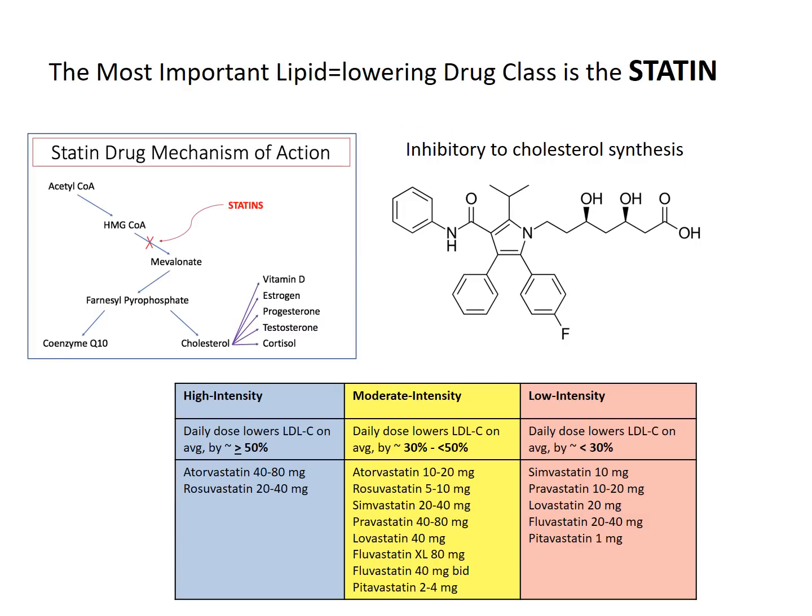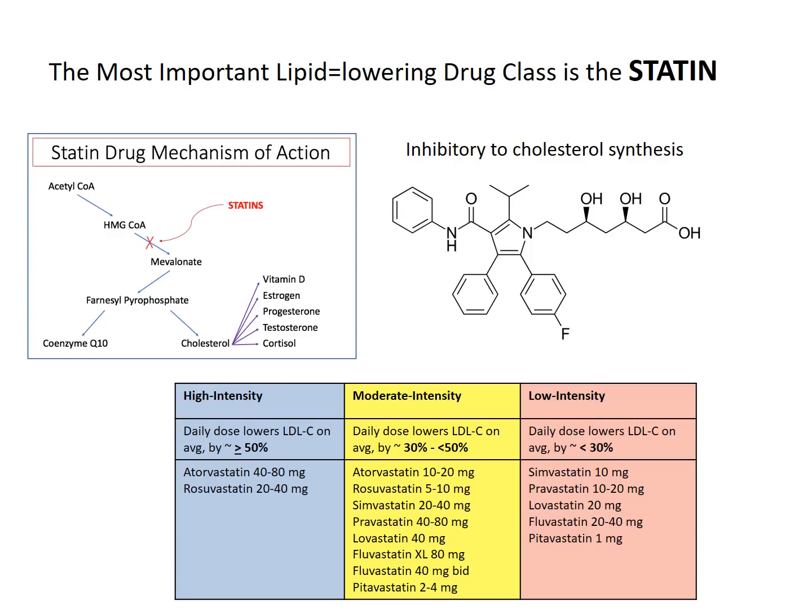The most important lipid-lowering drug is a drug class called the statin. There is a chemical structure of what that statin looks like, and what the statin does is it blocks cholesterol synthesis. So we have cholesterol in our body due to either dietary cholesterol or due to our own endogenous synthesis of cholesterol.